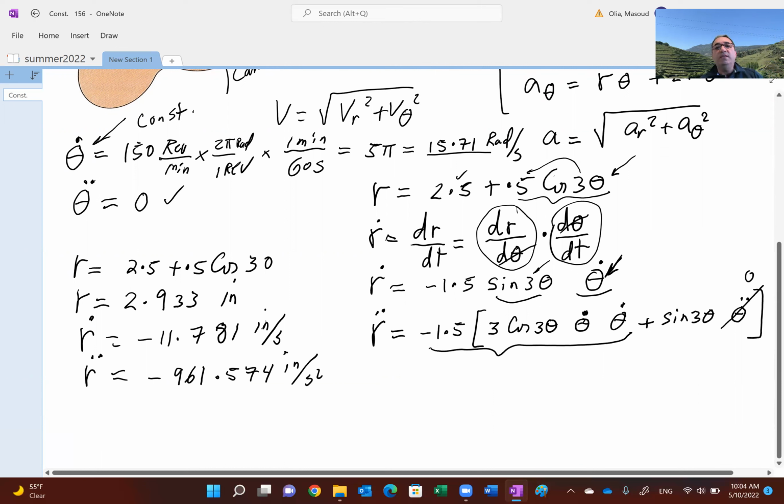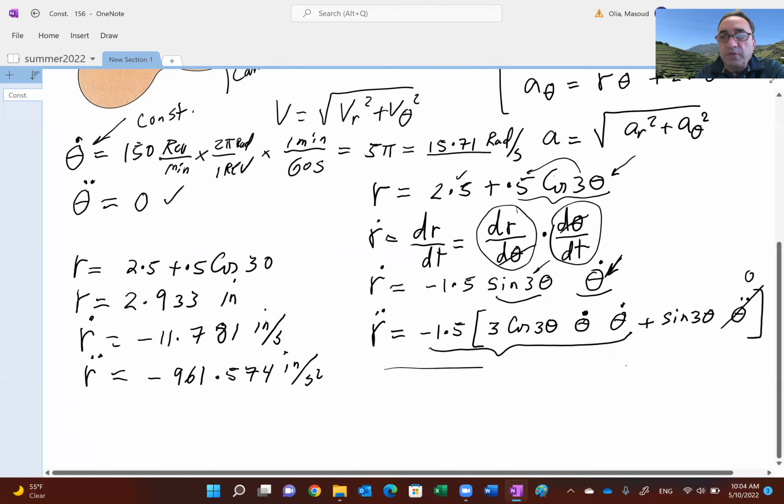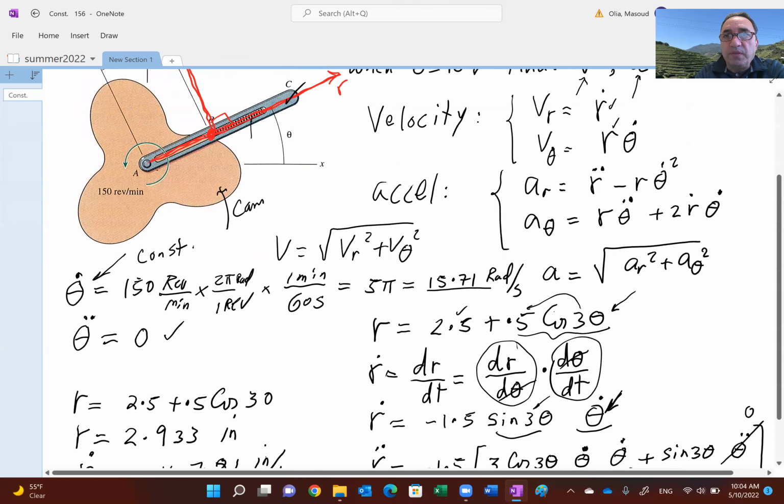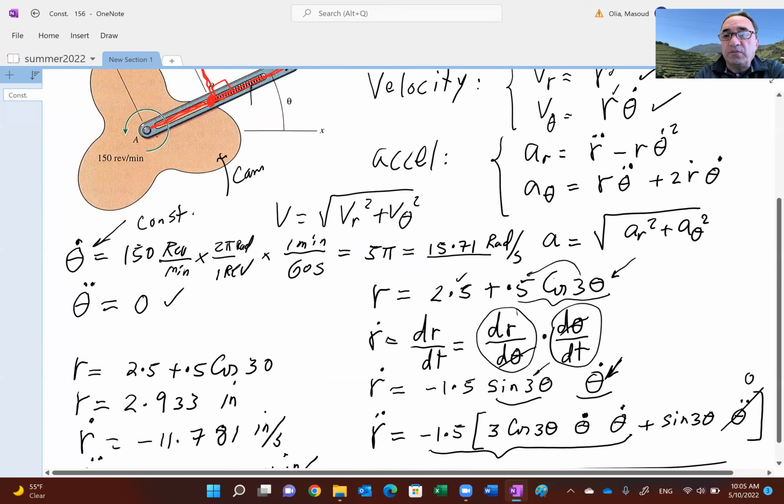So now we are ready to do our velocity calculation and acceleration calculation. So recall that I had it a minute ago up here. Velocity has 2 components, V sub R is R dot and V sub theta is R theta dot.